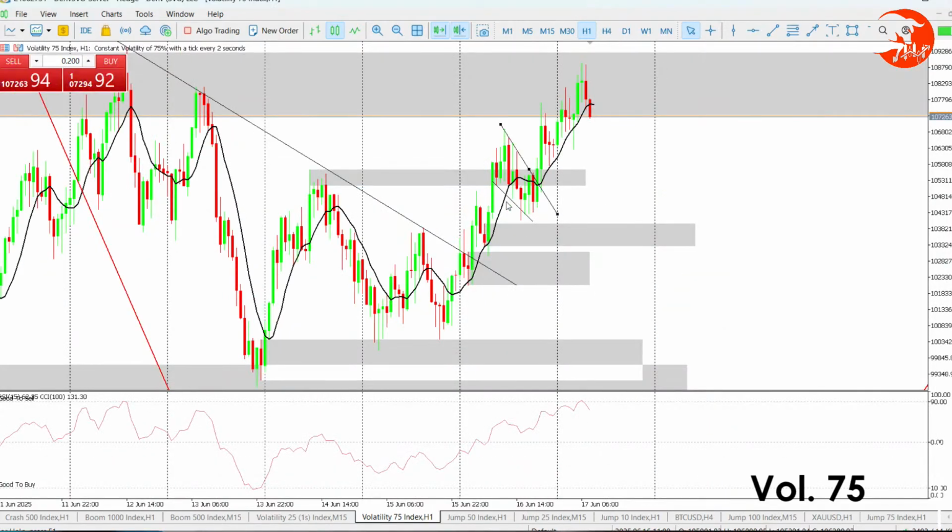So delete all that. This was not respected, so delete everything right there. This we can keep because price never touched it. So I can say that the sale is likely to come there and then get us into sales.